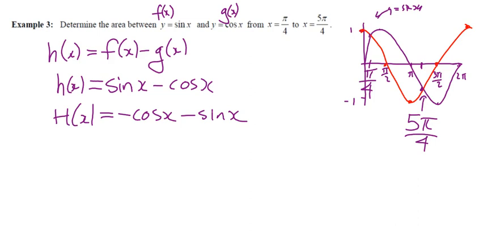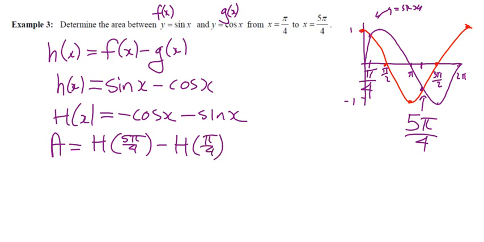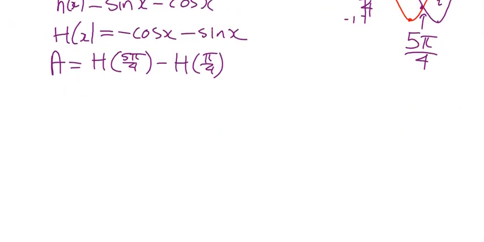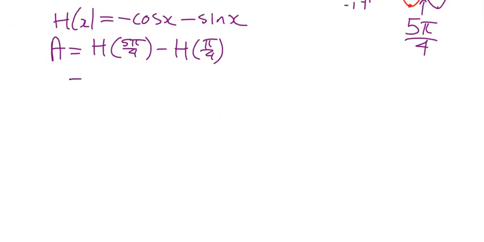All right, so the area we want then, area will be h of 5 pi over 4 minus h of pi over 4. So let's go and substitute. So it's equal to the cos of 5 pi over 4. No, sorry.